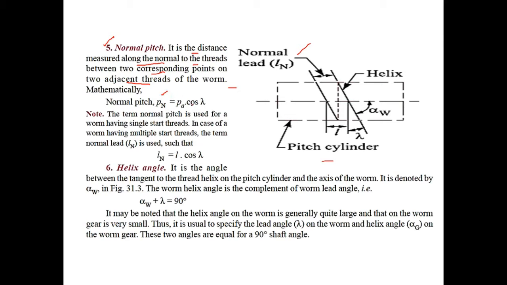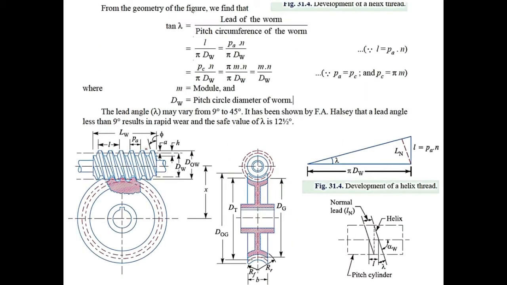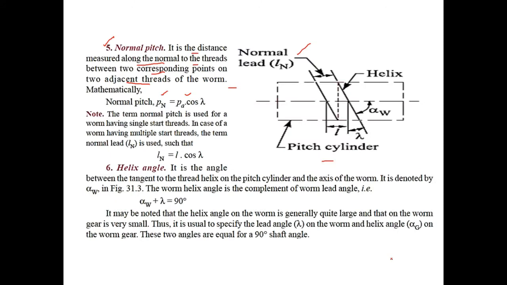This will be equal to Pa into cos lambda. This is your Pa, okay? Then cos lambda, where lambda is this value. Then we can calculate the value of your normal pitch.